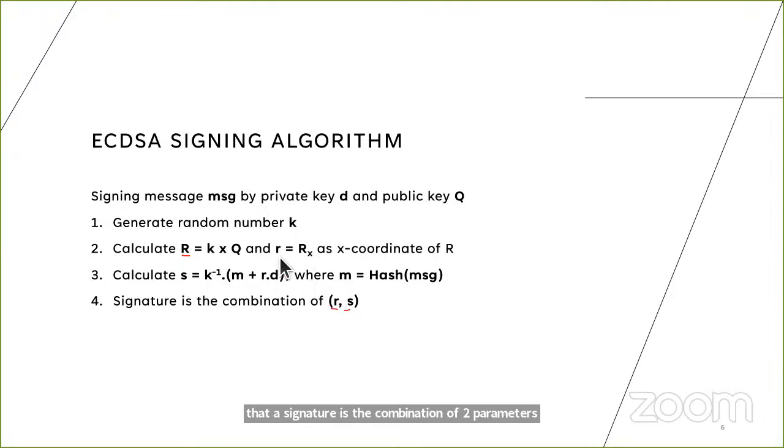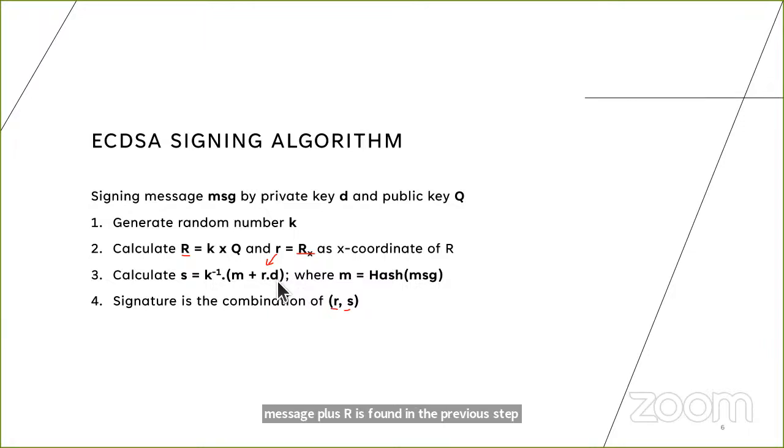The r parameter is the x coordinate of R, so we show it by R of x. And the s parameter of the signature is k inverse multiplied by (m plus r multiplied by the private key), where m is the hash of the message and r is found in the previous step.